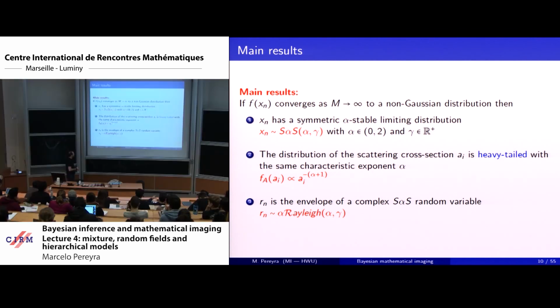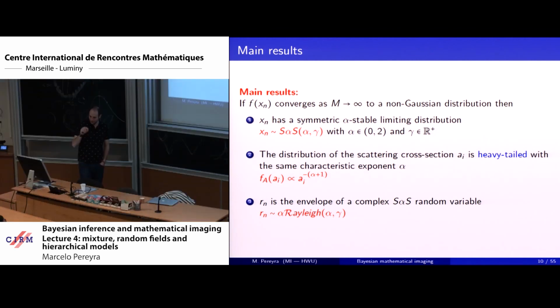And you'll converge to a power law with an exponent alpha that is the same that you have here. And the envelope, so the signal that I will actually measure, will have this distribution called alpha Rayleigh.